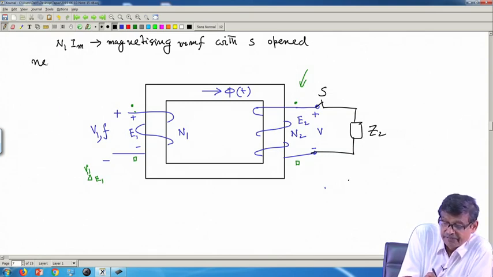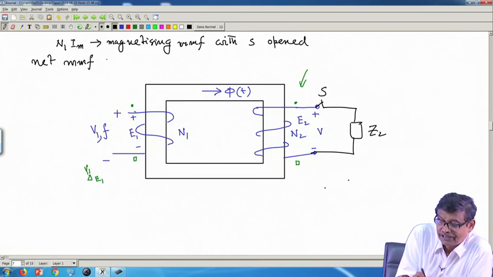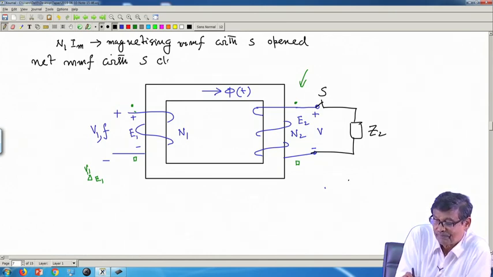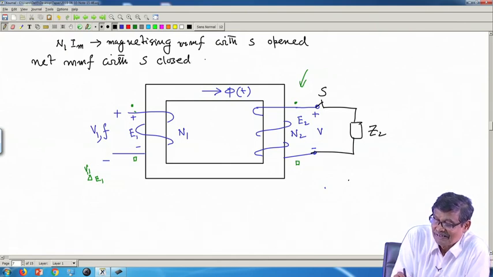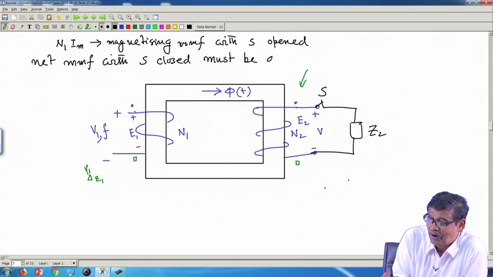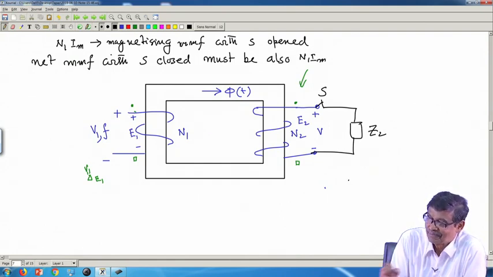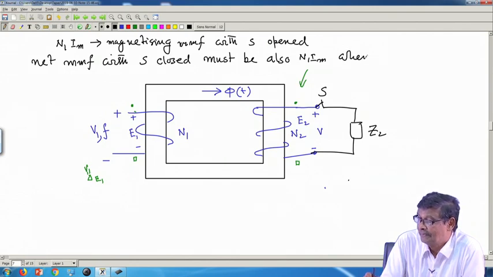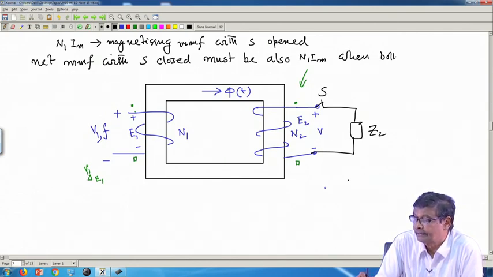Net MMF with S closed must be also N1 into Im when both the coils carry current.